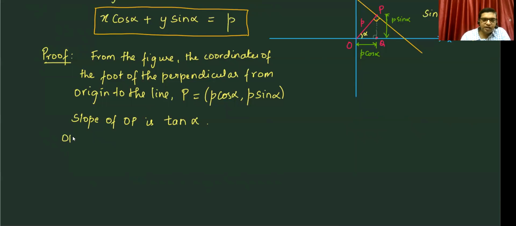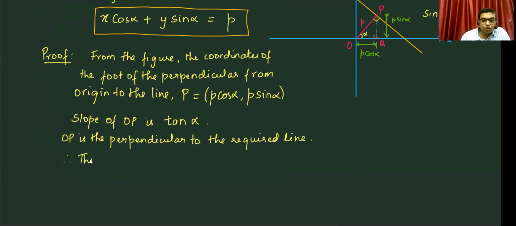Now OP is perpendicular to the line. Therefore, the slope of the line will be m equal to minus 1 by tan alpha.